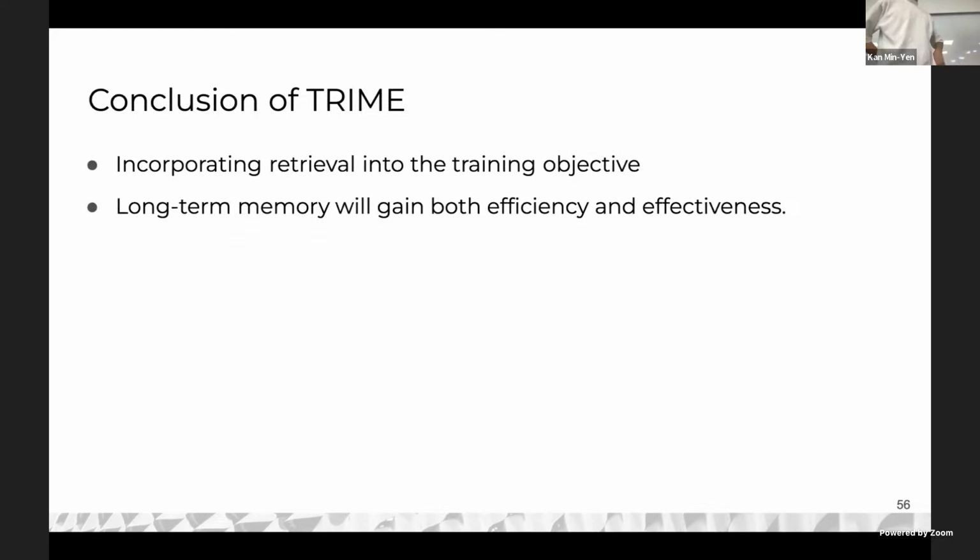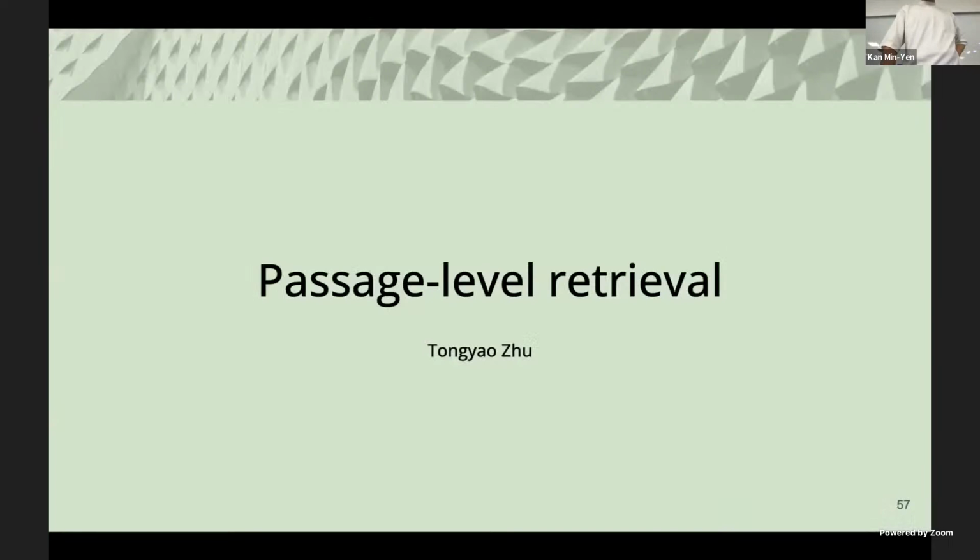Okay, to conclude, this paper incorporates retrieval into the training objective, and they verify the long-term memory gains both efficiency and effectiveness. Okay, thanks. Next are two papers I would like to share today.